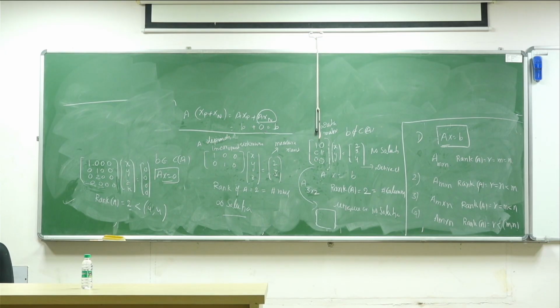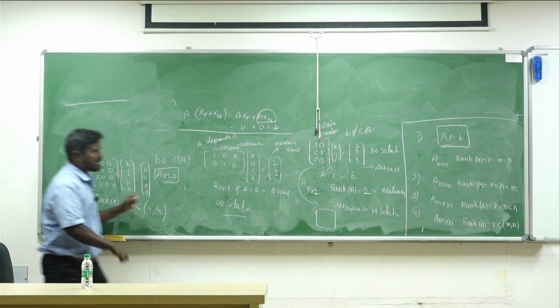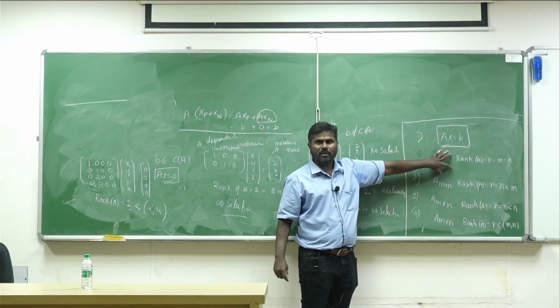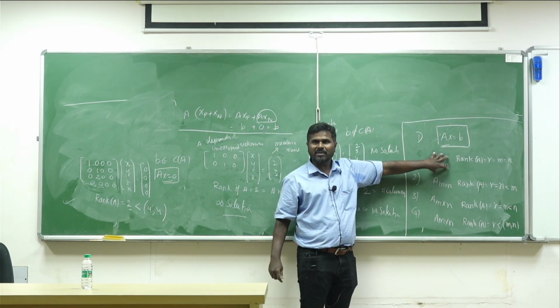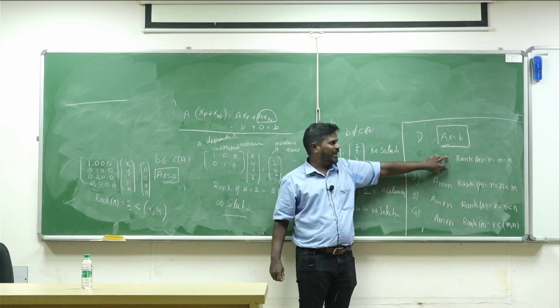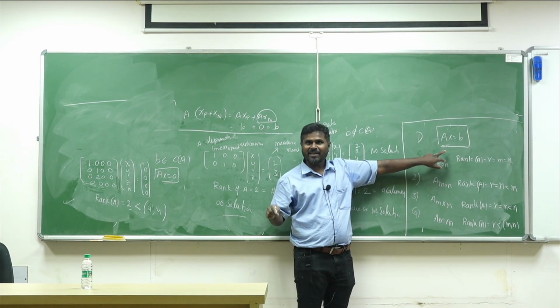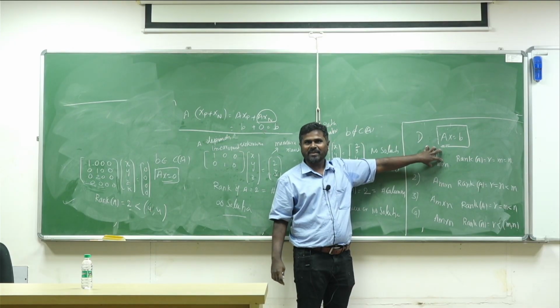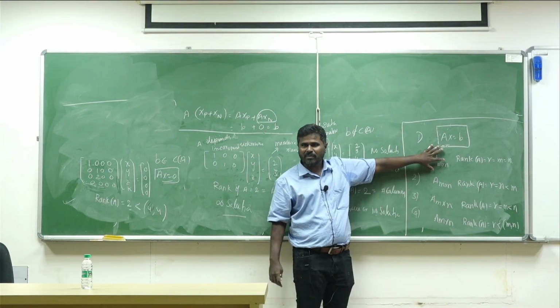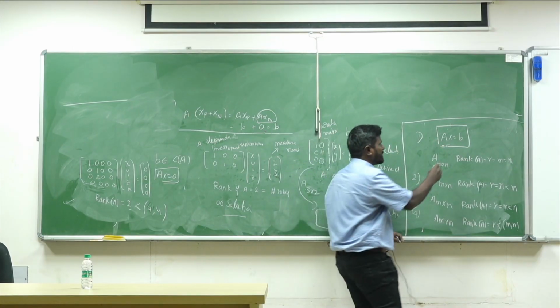People wanted to get the solution for all these cases. The first case is a well behaved system of equations, where the rank of the matrix equals the number of columns and rows. We don't have any problem with this. What is the solution in this case?